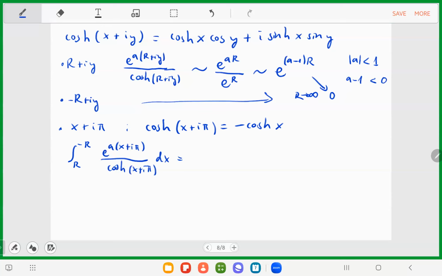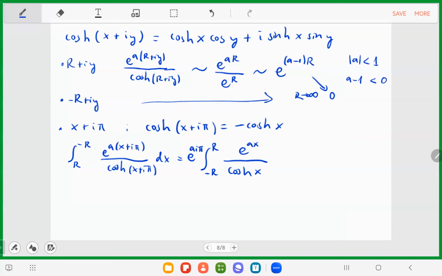I'm going to reverse the limits from minus r to r and change this to hyperbolic cosine of x, because of this minus I can reverse the limits. And then the exponential of ax plus aiπ, I can just put the exponential of aiπ outside because it doesn't depend on x, multiplying the exponential of ax.